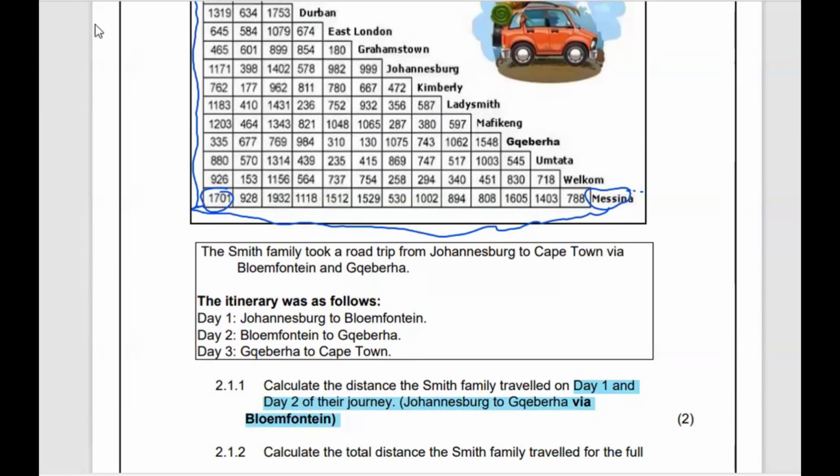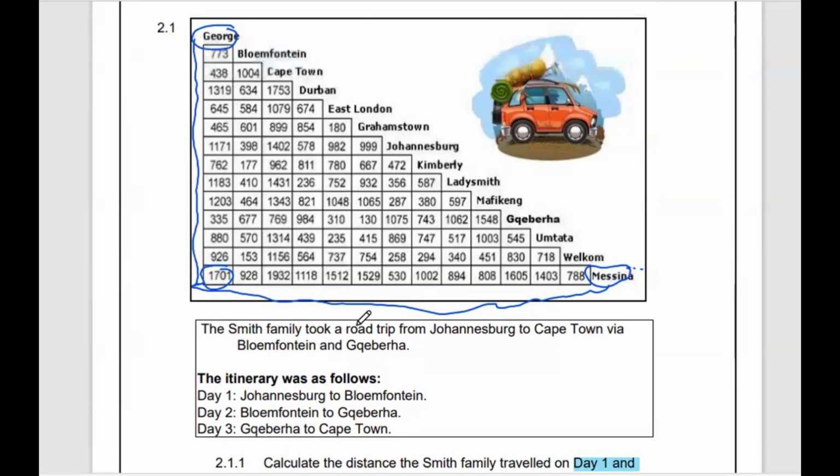So back to our distance table. We need to determine the distance between Johannesburg and Bloemfontein. We first need to identify where Johannesburg is. This is our Johannesburg. Then we also need to identify where Bloemfontein is. This is our Bloemfontein. We look at the point where these two places intersect.